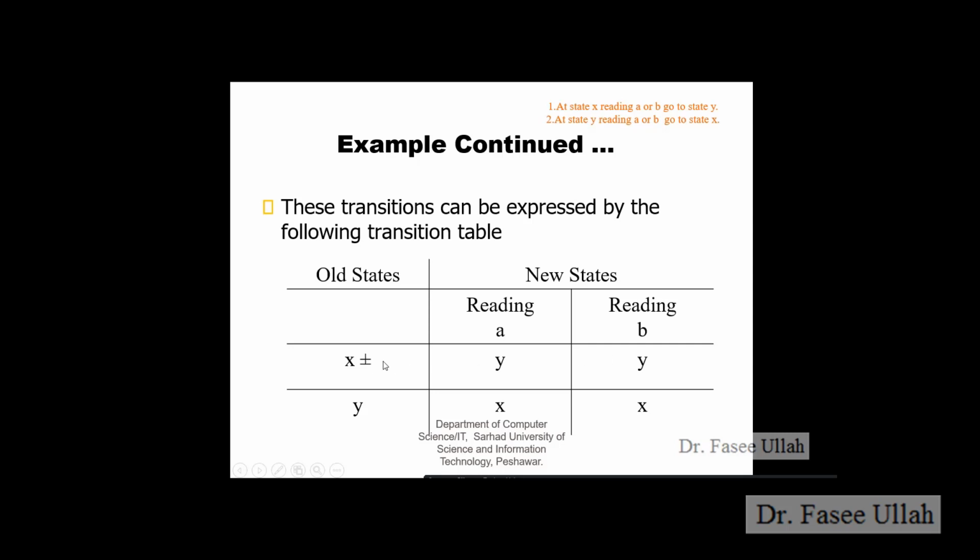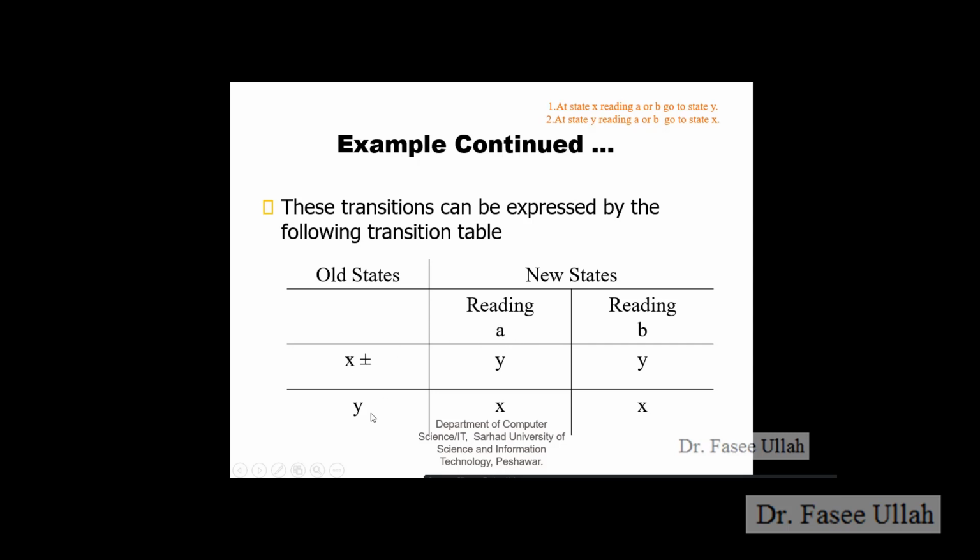So if I say I want to read b on this state, so x, if I say state x and reach to y, so it will read the b. Okay, if I say I want to reach to y and I want to read a. Okay, so from here to here, then so it will read the a.